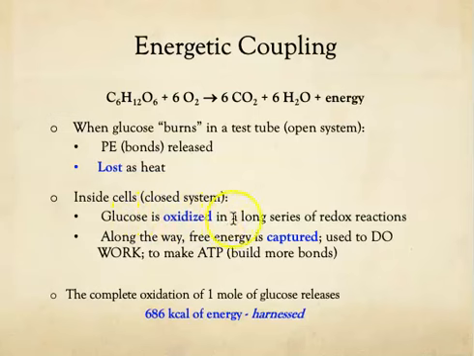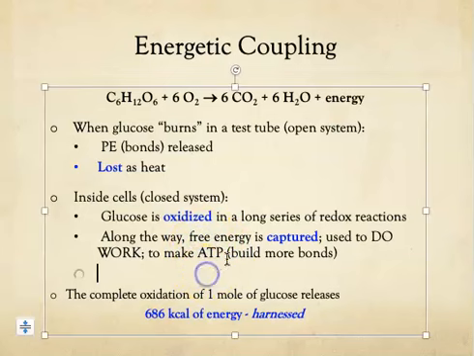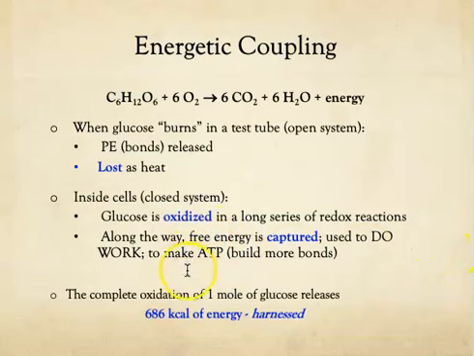Along the way, as all those bonds are being broken, electrons are being released. The cell does not want to lose that energy as heat. So the electrons are captured, and they're then used to do work. And the work is to make ATP. By building the ATP, they now have a little molecule, lots of it, that has a nice little bundle of energy stored in its phosphate bonds.